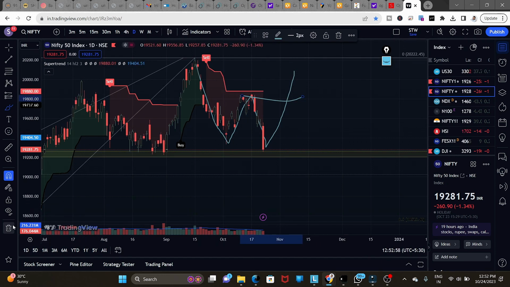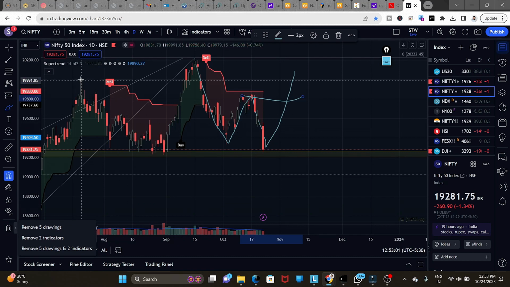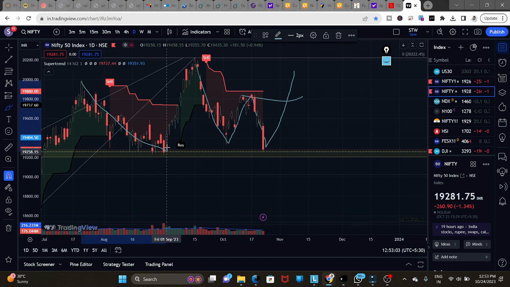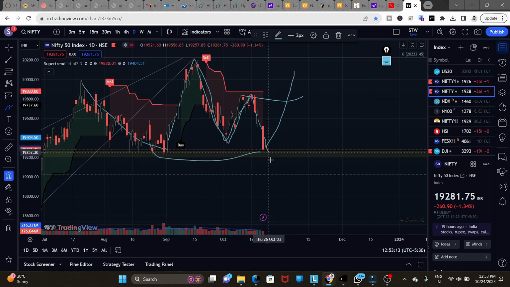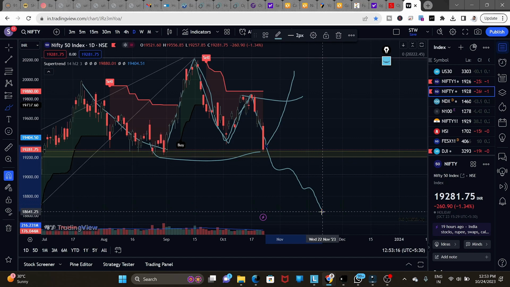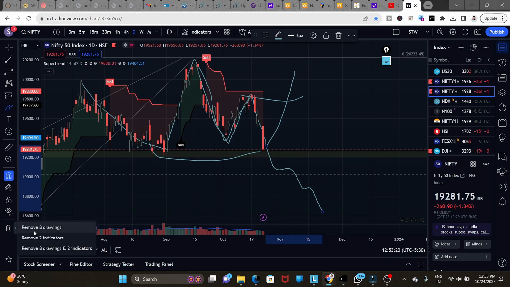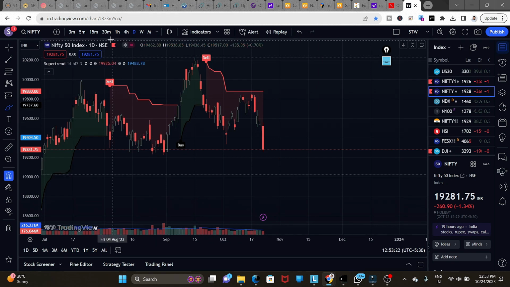Right now we are looking at a head and shoulders pattern, which is from here till here till here. This is one. If this line is broken, then there can be a downfall from here. So this is what the market is indicating on a larger time frame.